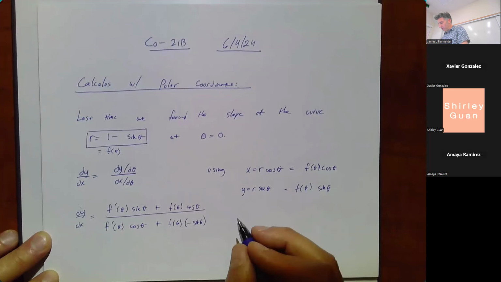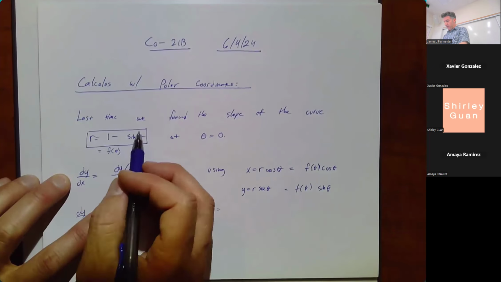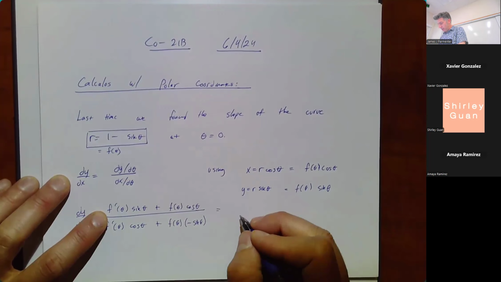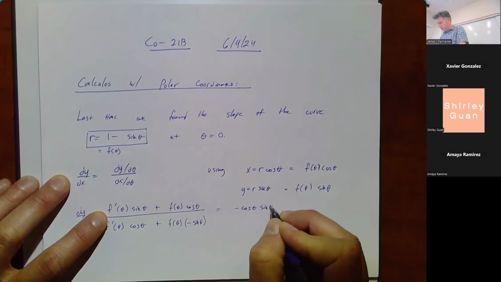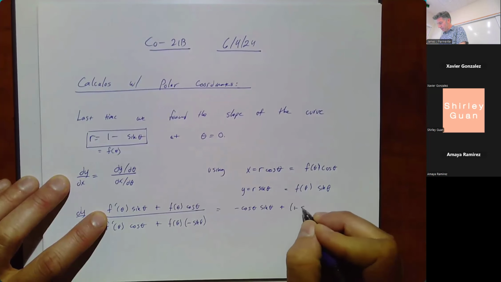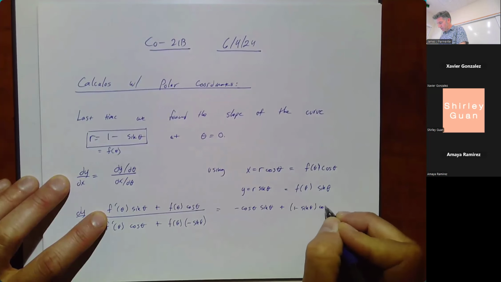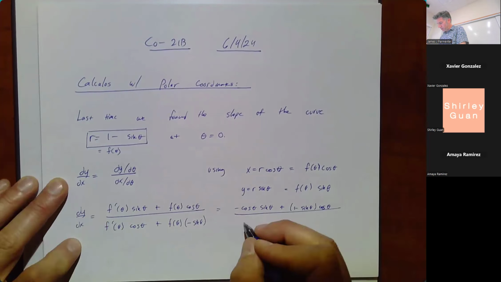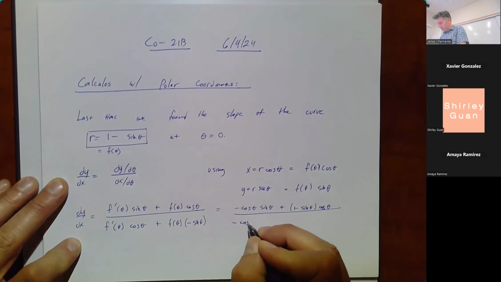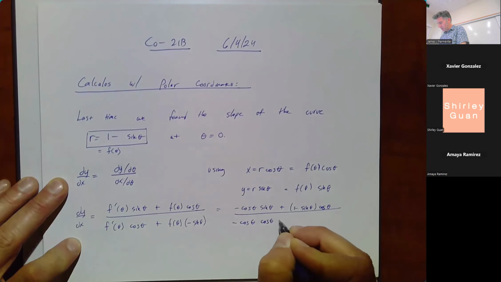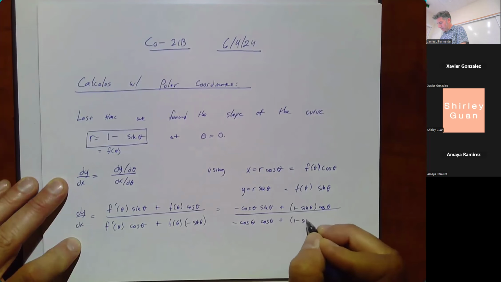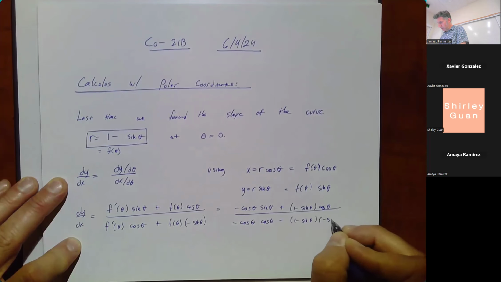The derivative of this function of theta is negative cosine theta. So you get negative cosine theta sine theta plus 1 minus sine theta times cosine theta over negative cosine theta times cosine theta plus 1 minus sine theta times negative sine theta.